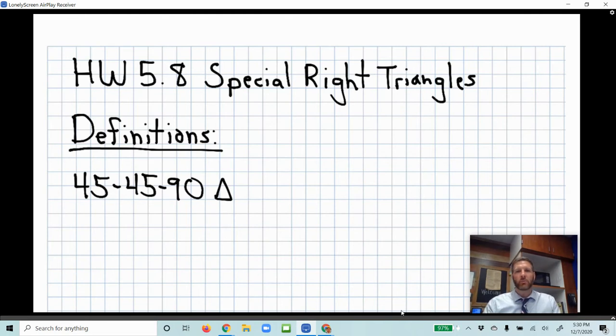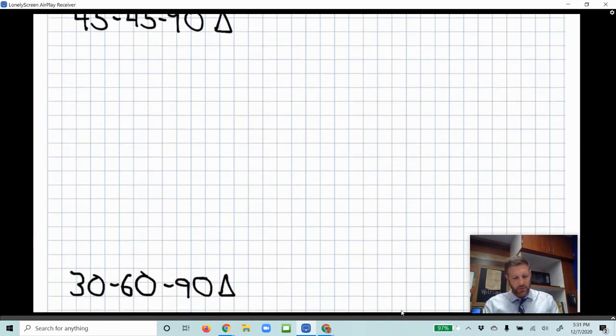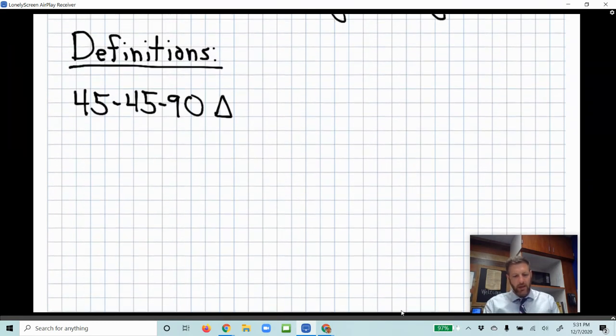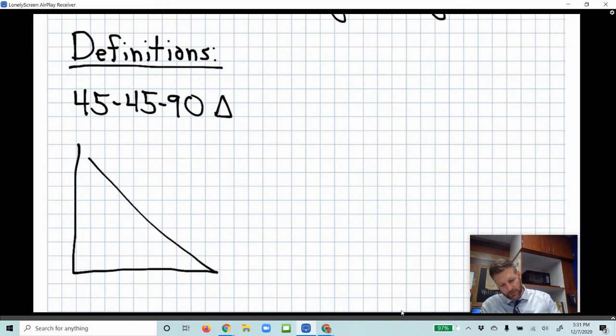5.8, special right triangles. We have two definitions, which are basically two right triangles, and you're going to see what we're covering here as we define these. When we see a 45, 45, 90 triangle, that is a special right triangle that has those angle measurements.